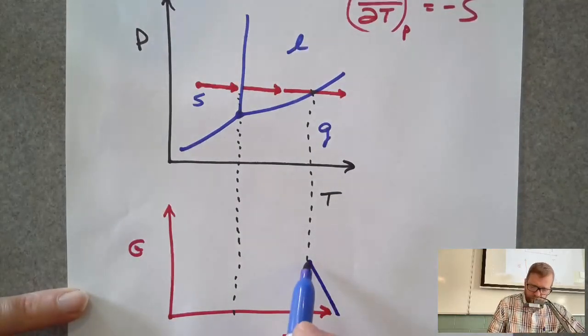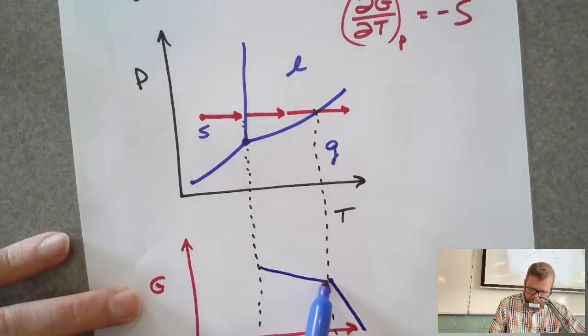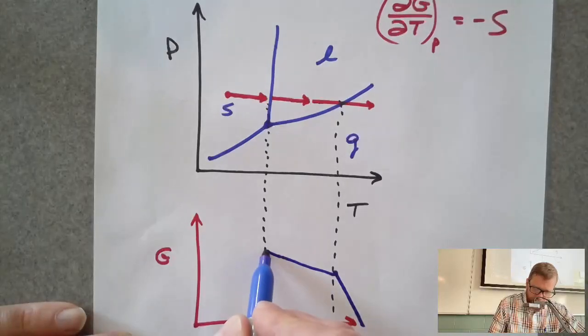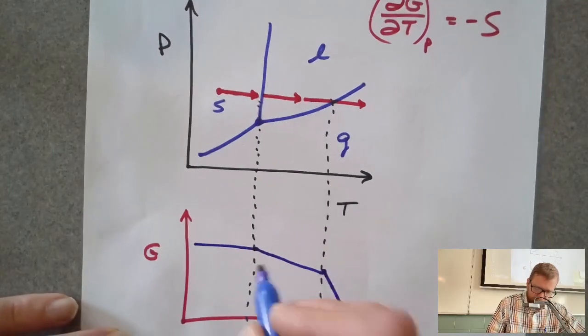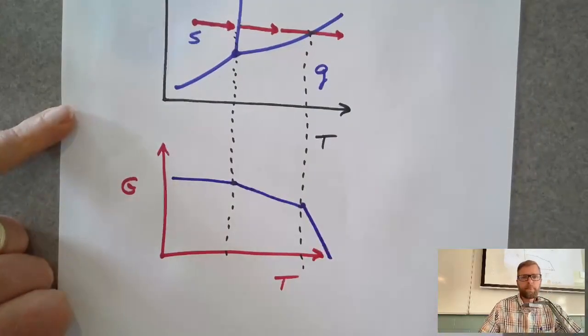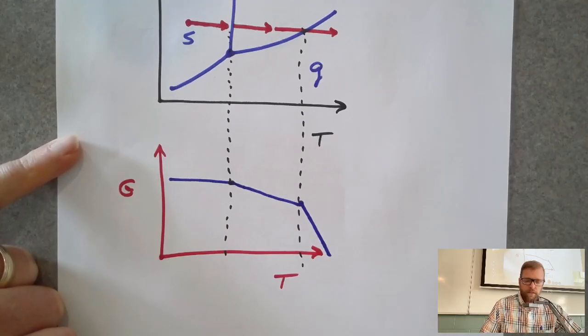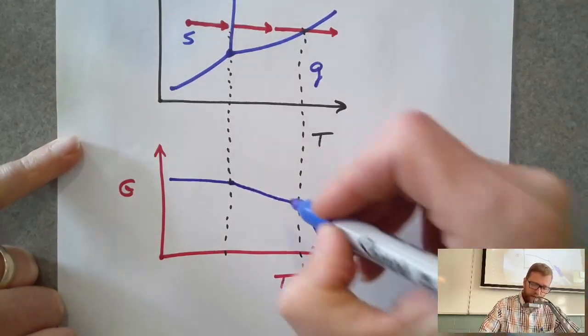And then liquid is going to be not as steep. And then solid is going to be the shallowest, right?